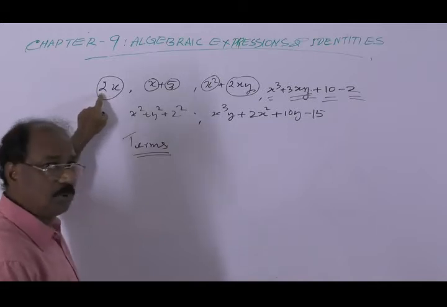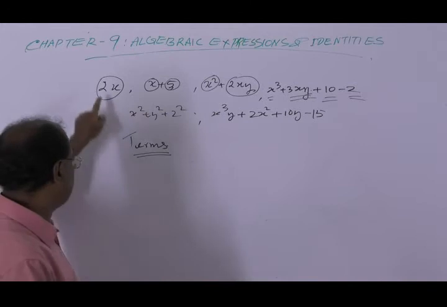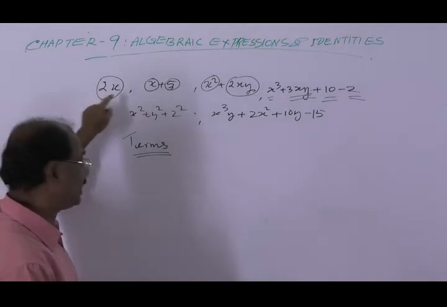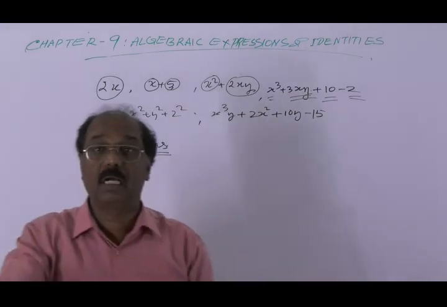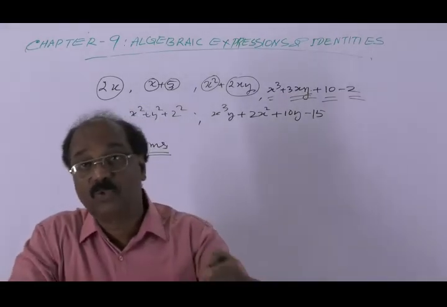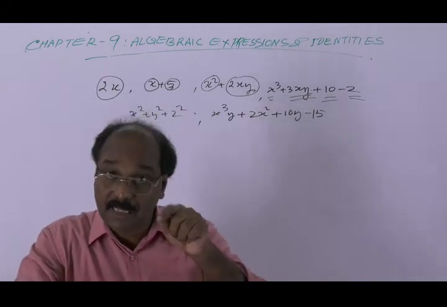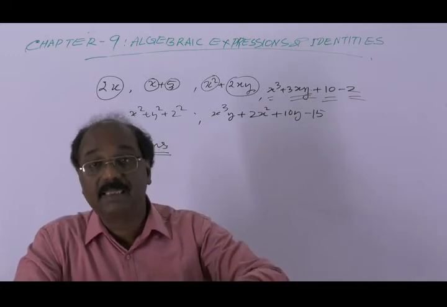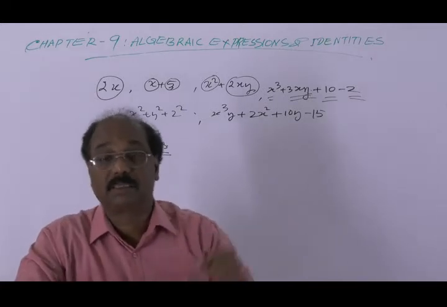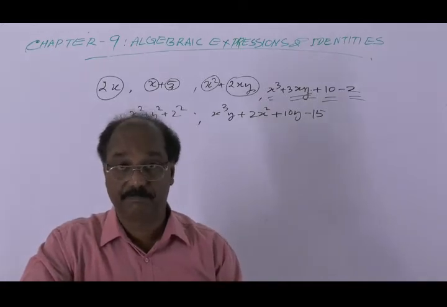This 2 is a constant and x is a variable. This term is formed as a product of this 2 and x, and these 2 and x are called the factors of the term. The components in a term which make the term a product are the factors of the term.